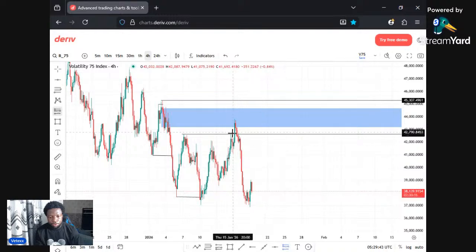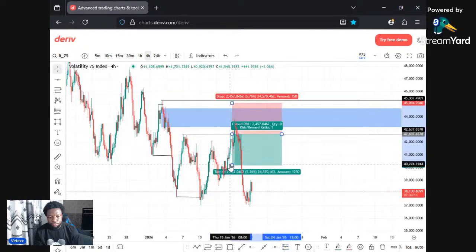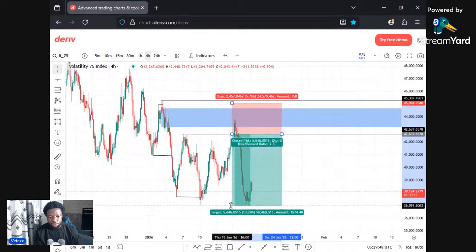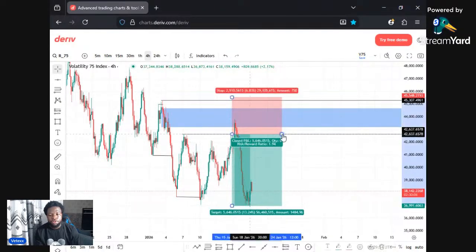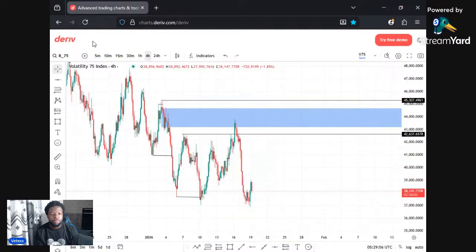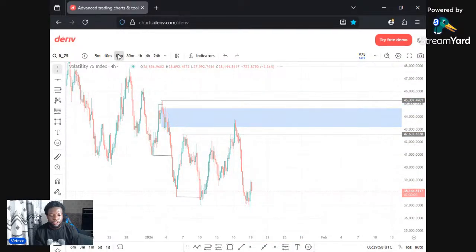Price taps into the zone and then continues to target. So from this zone, let's check if we see a continuation on the 15 minutes time frame. Let's check if we've missed any trade or we didn't miss any trade.